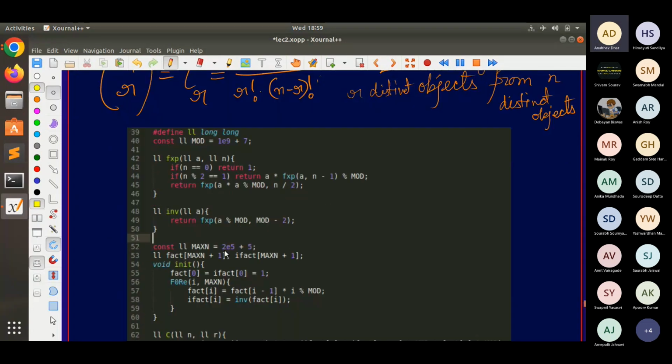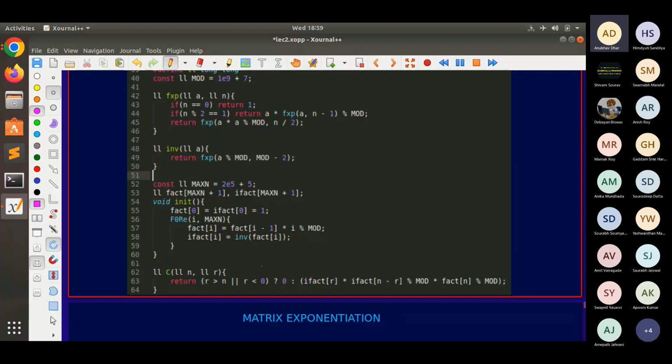So here's the code of what I've written. I forgot to define this. So just make a for loop with int i equal to 1, i less than or equal to max n plus n. I've computed fact, I've computed ifact, and then there is a function to get the inverse of a number using the function to get e power n.